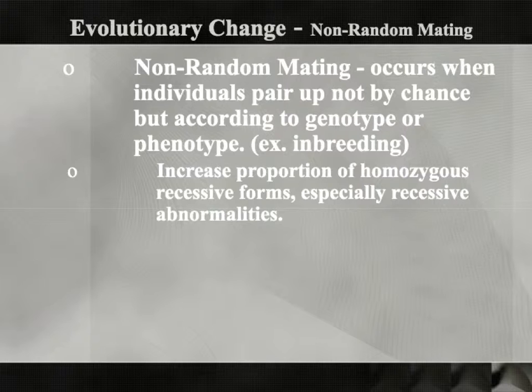But if you have non-random mating within a whole population, you are going to have an increased proportion of homozygous recessive forms, especially recessive abnormalities, because if you are targeting only specific individuals, those recessive genes that come together will be further amplified because you're only continually targeting the exact same gene pool.